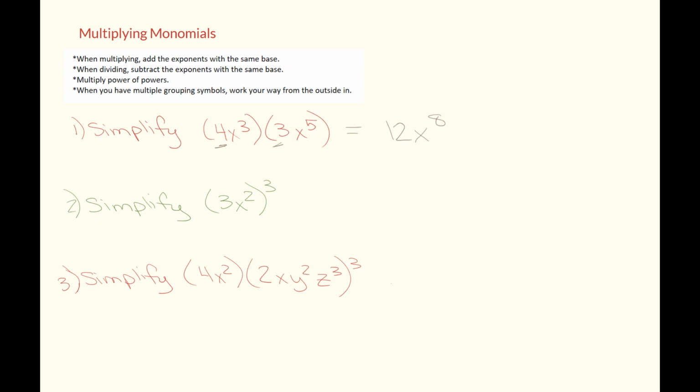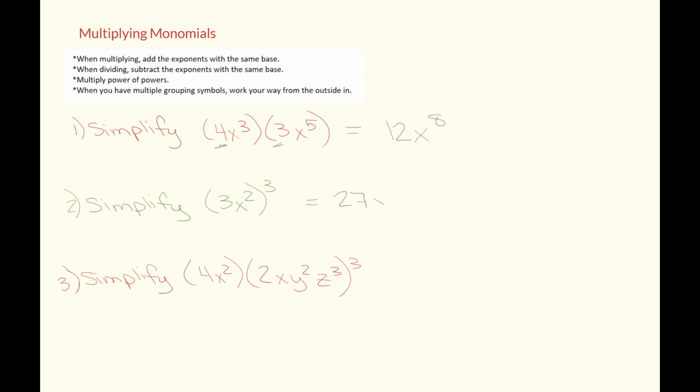All right, and number 2, this is what we call a power of a power because we have 3x squared all raised to the third power, or 3x squared cubed. So 3 cubed is 3 times 3 times 3, which is 27. And now here I have a power of a power. So x squared cubed, we're going to multiply that.